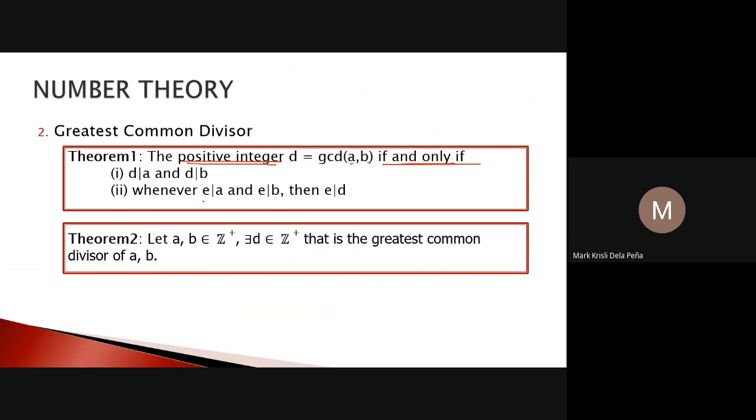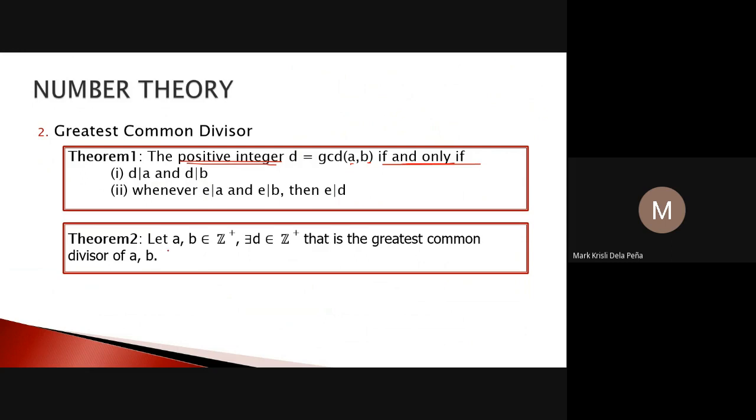Whenever e divides a and e divides b, then e also divides d. So whenever there's a third or a fourth integer which is a factor of d, this theorem will be true.